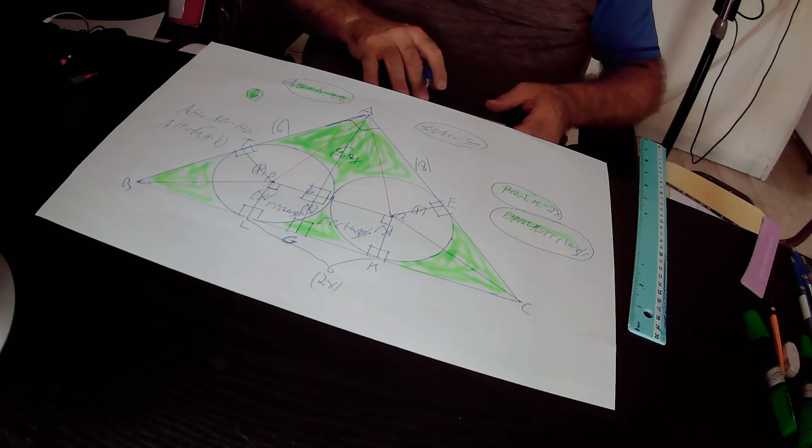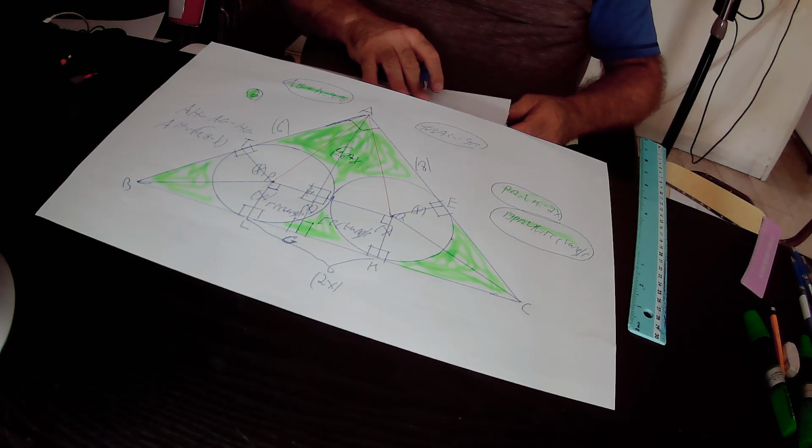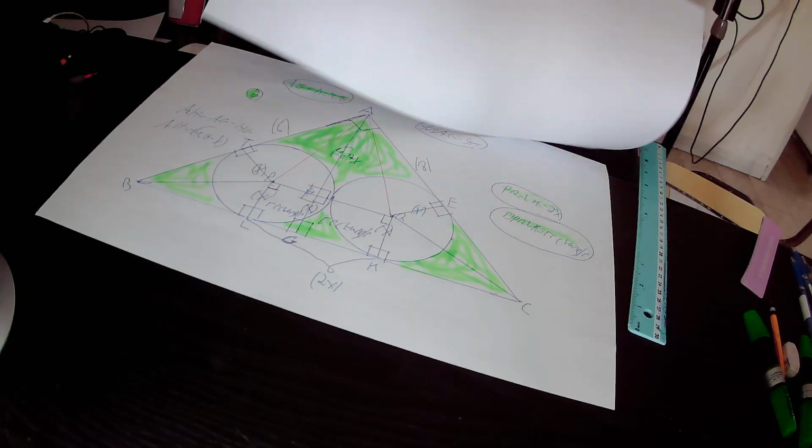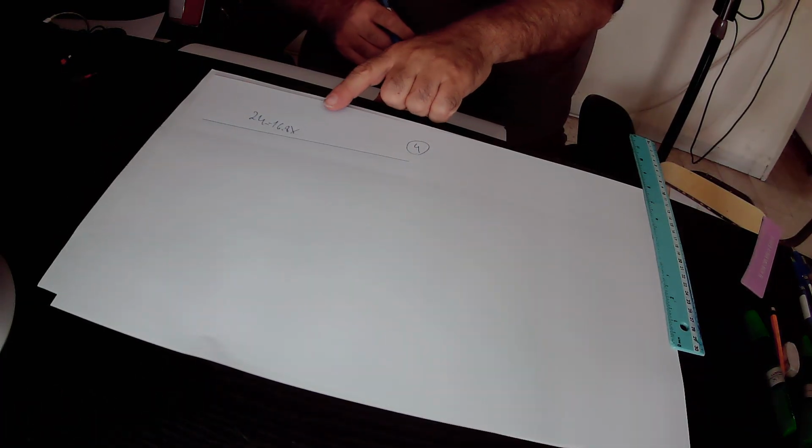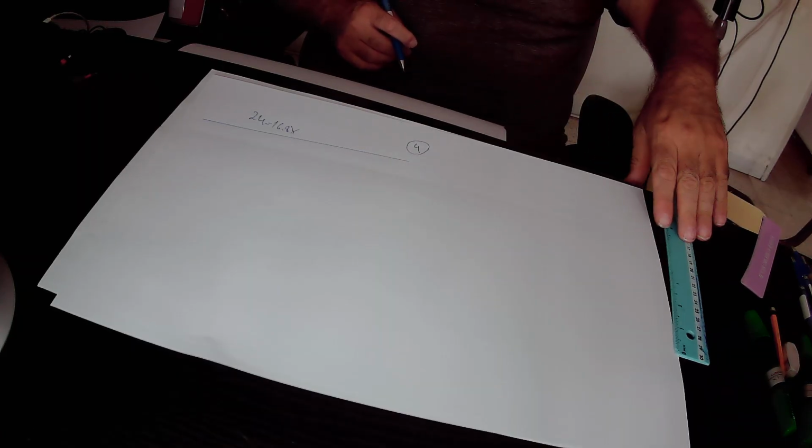Again, we found that 24 equals 16.8x. Here we divide this equation by 16.8.